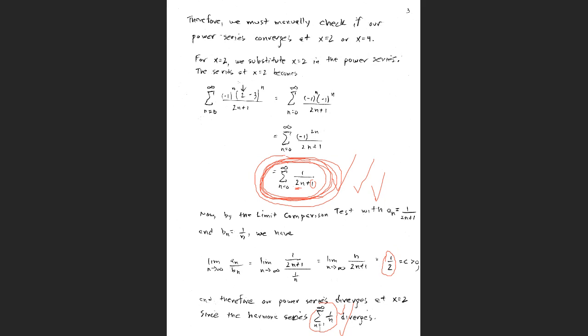Okay, so the terms of our series are in proportion to the terms of the harmonic series by half. But that means that if the harmonic series diverges, our series diverges.